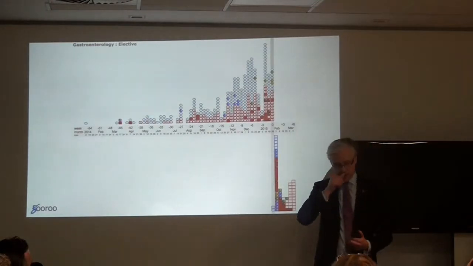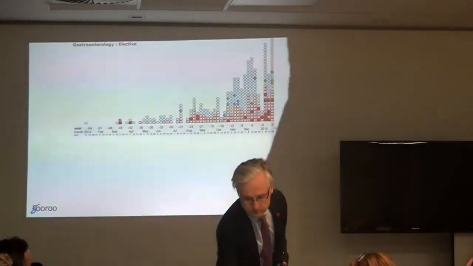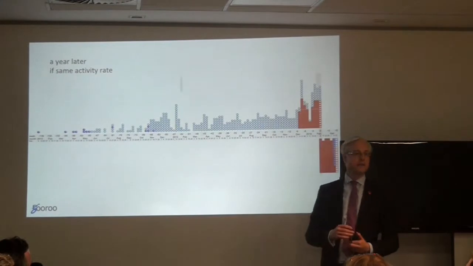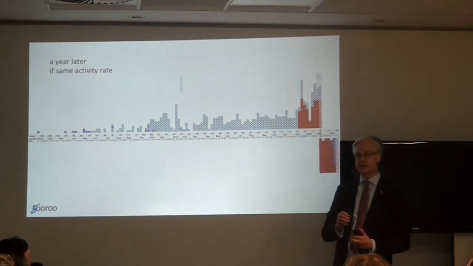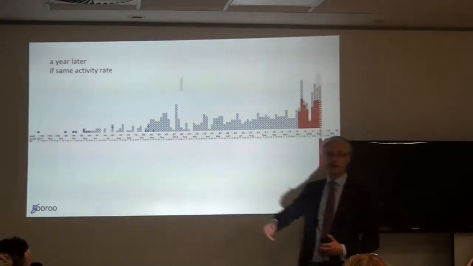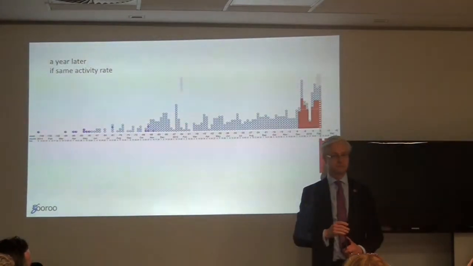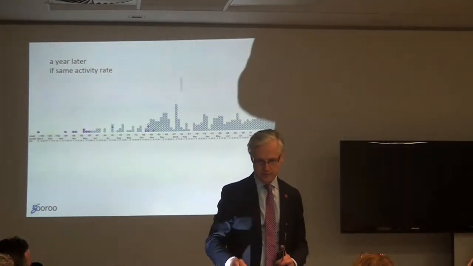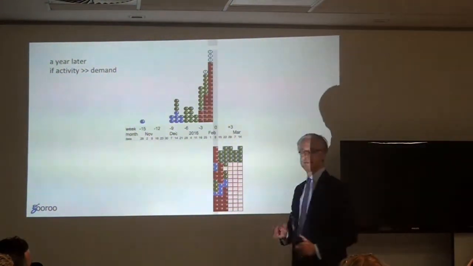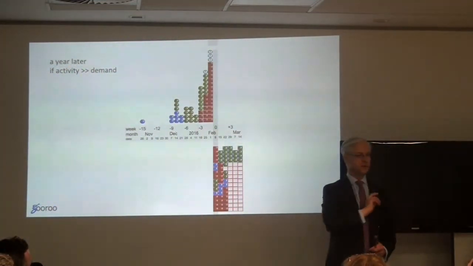So we went in and showed the gastroenterologists their waiting list. And then we showed them what their waiting list would look like a year from now if they carried on treating patients at the same rate as they had been. You can see that all the routine patients are frozen in time, and they're just struggling to keep on top of the urgents. And then we showed them a simulation where activity was much bigger than demand, and they were able to eat away at this waiting list over time until it was almost gone.